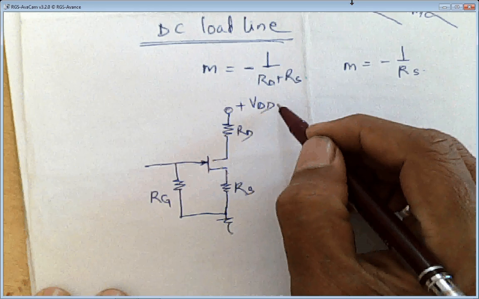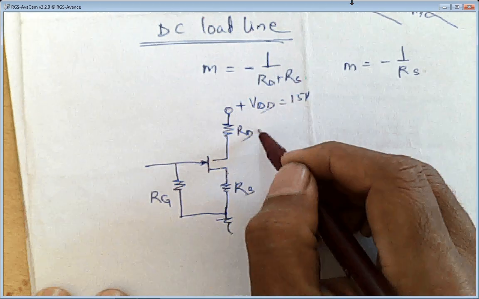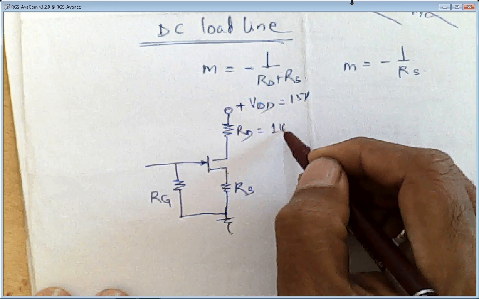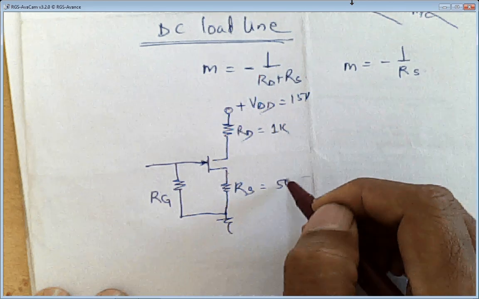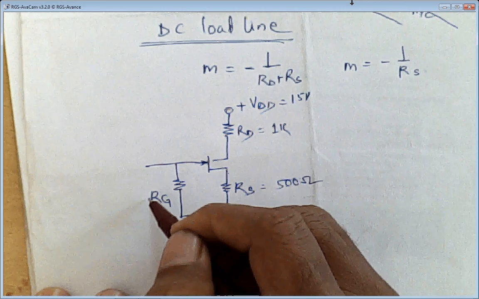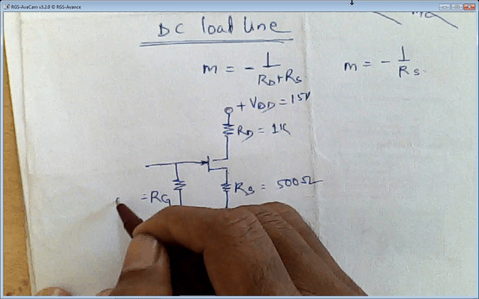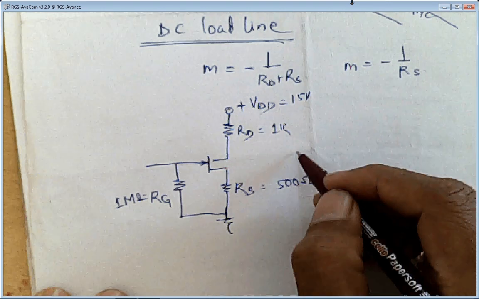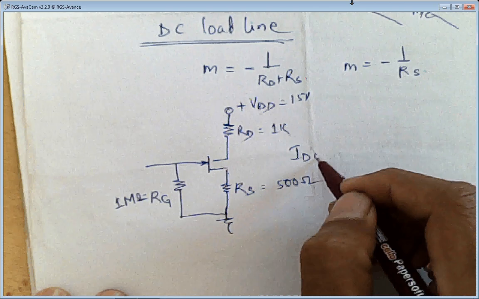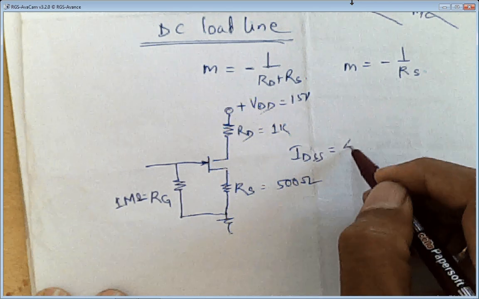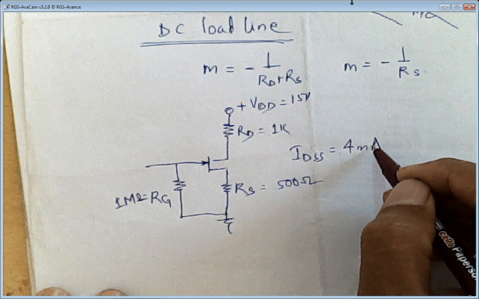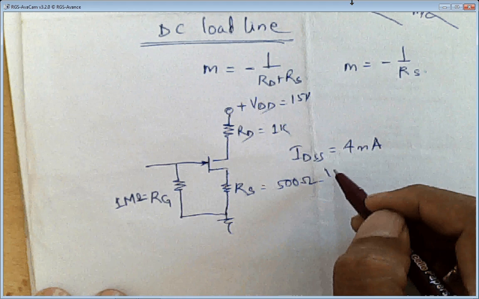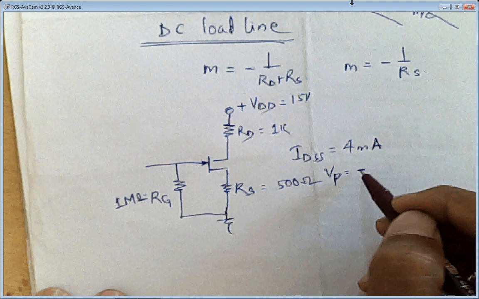VDD is given as 15 volts, RD is 1K, RS is 500 ohms, RG is 1 mega ohm, and two more values are given. One is IDSS, which is equal to 4 milliamperes, and VP is given as minus 4 volts.